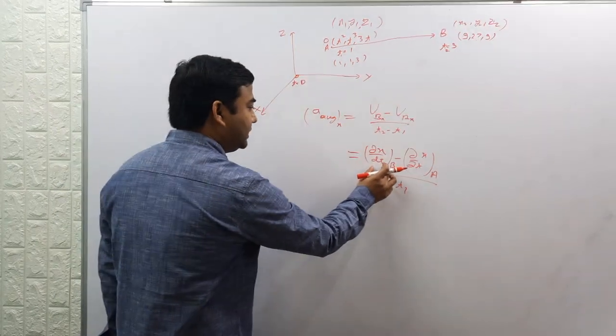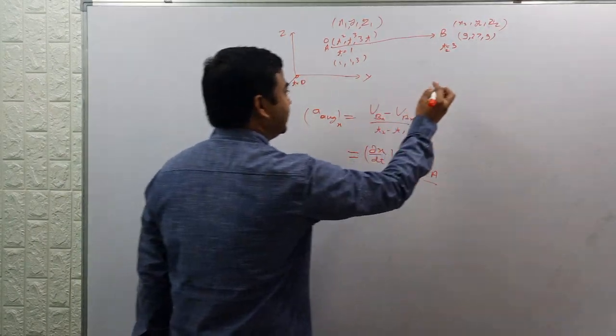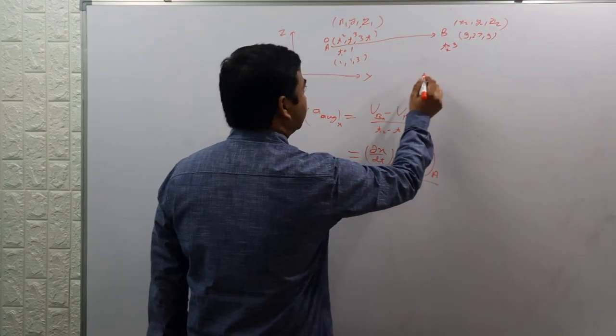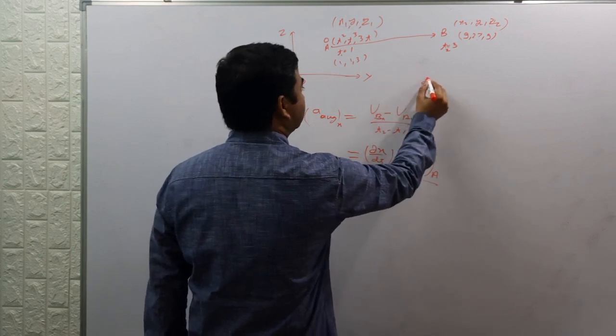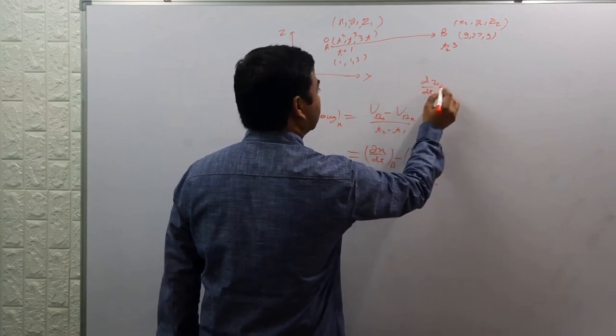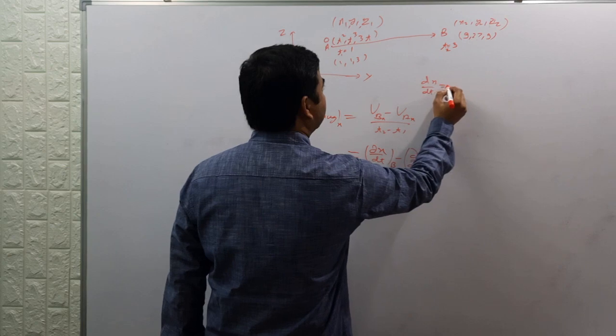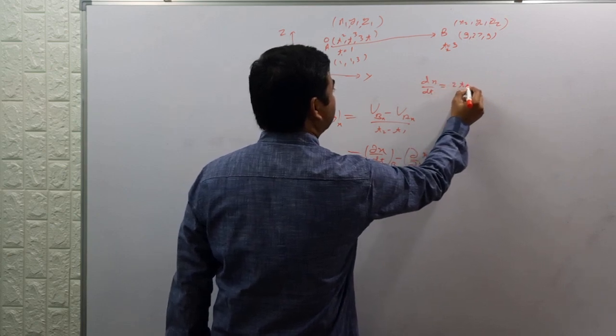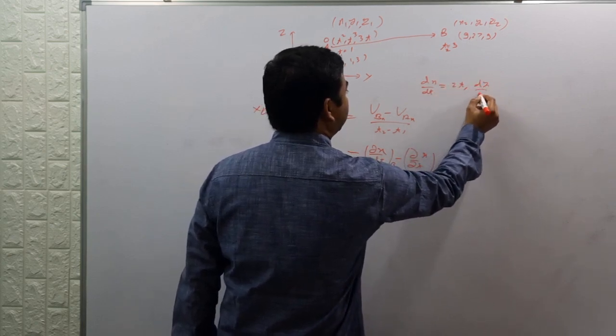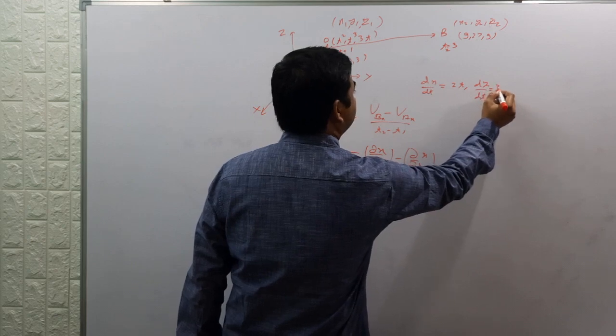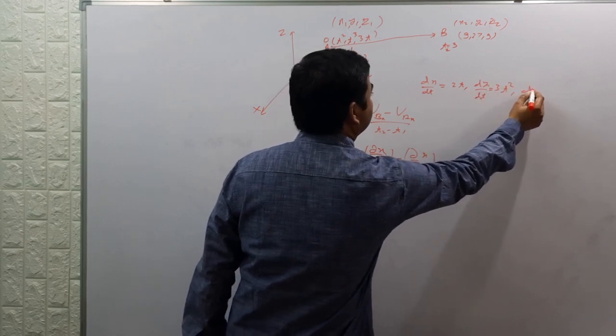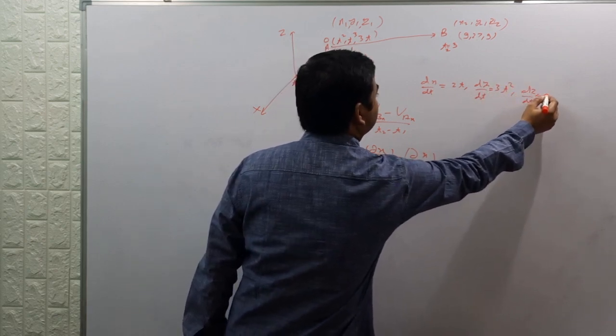So dx over dt, you know, we have earlier written dx over dt is 2t, dy over dt is 3t square, dz over dt is 3.